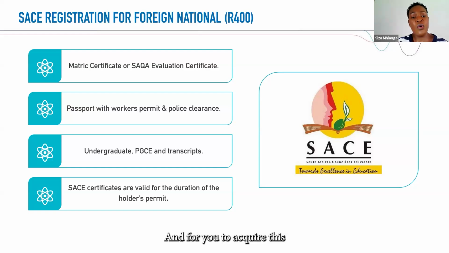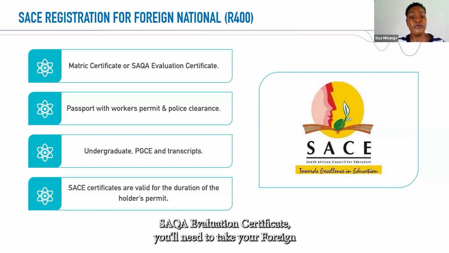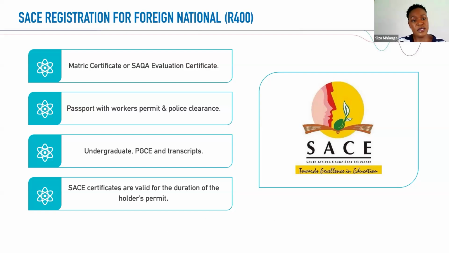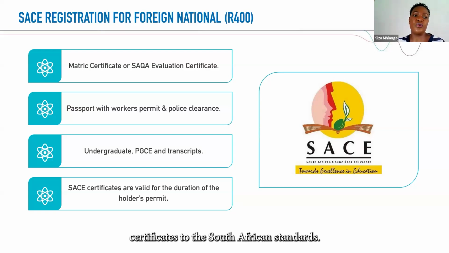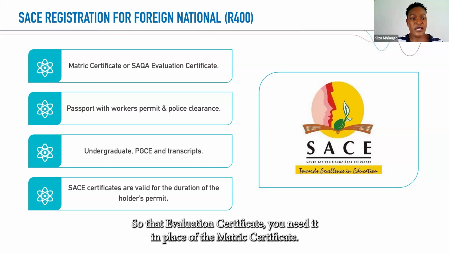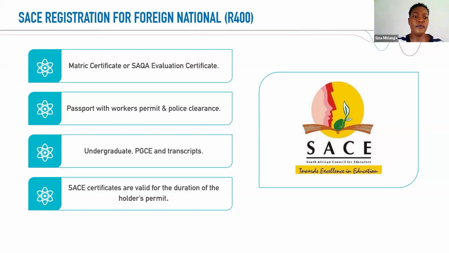To acquire this, you'll need to take your foreign certificates to the SACA offices. The one I know is in Pretoria. They evaluate your foreign certificates to the South African standards. That evaluation certificate, you need it in place of the matric certificate. And then you also need your passport with the worker's permit.